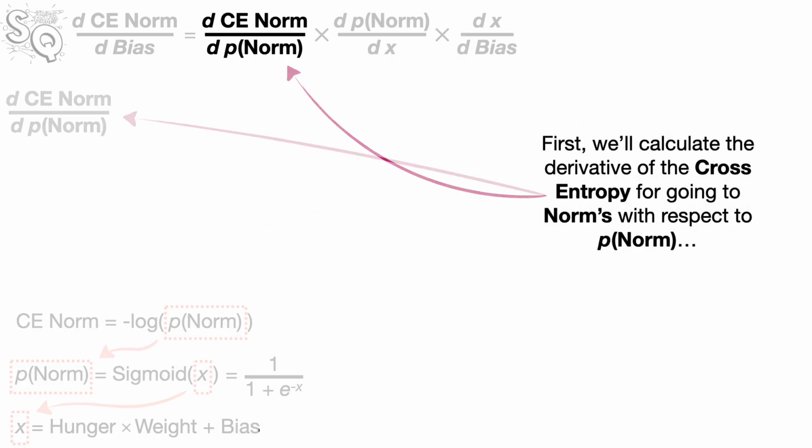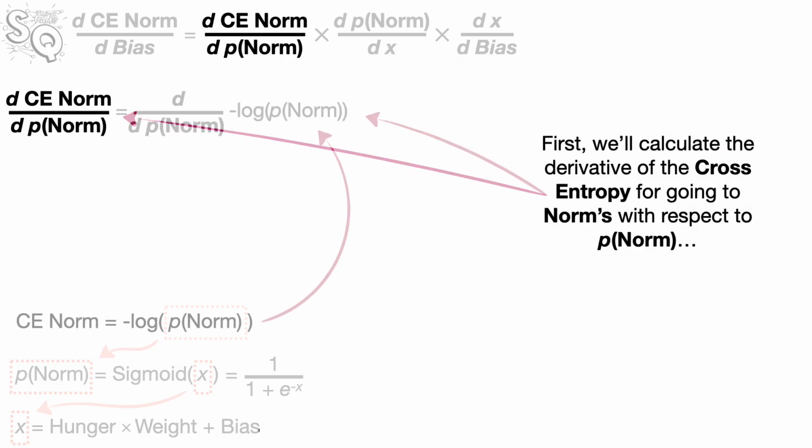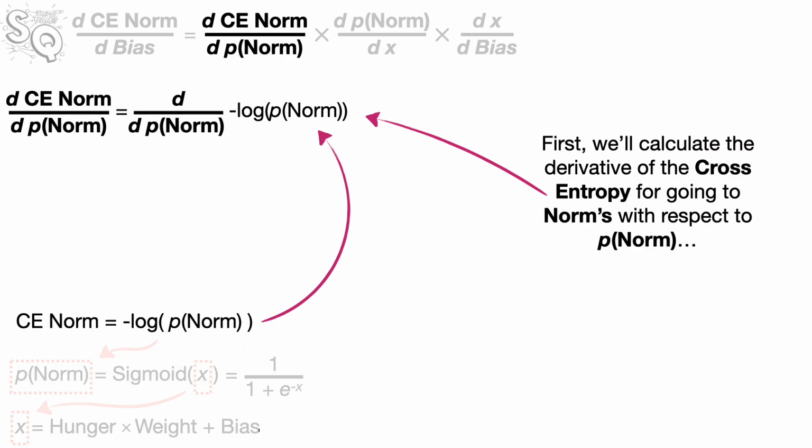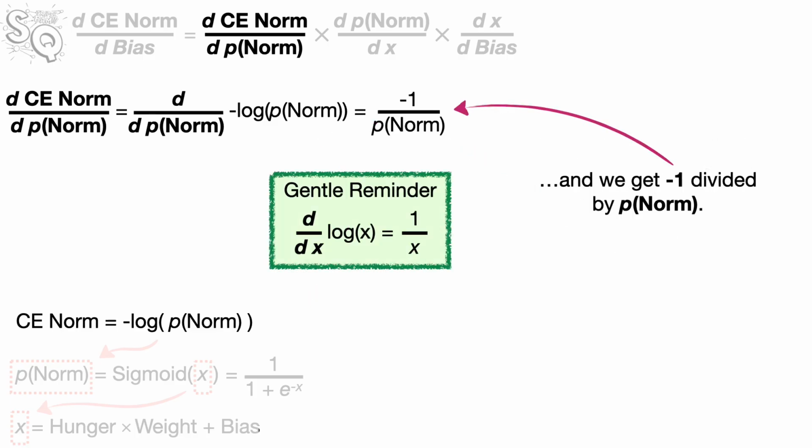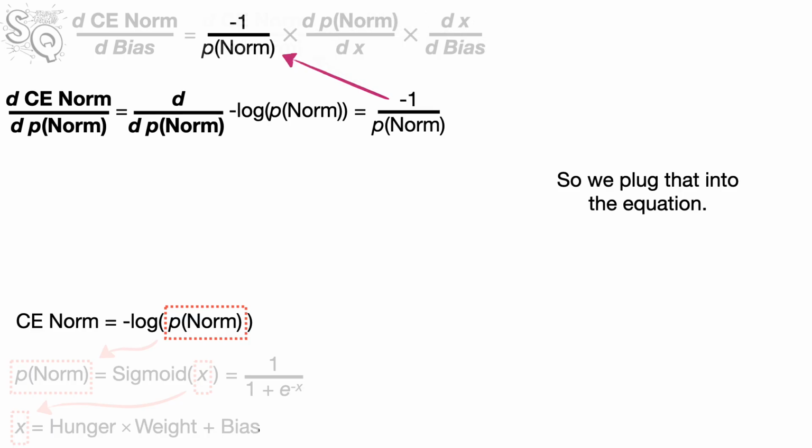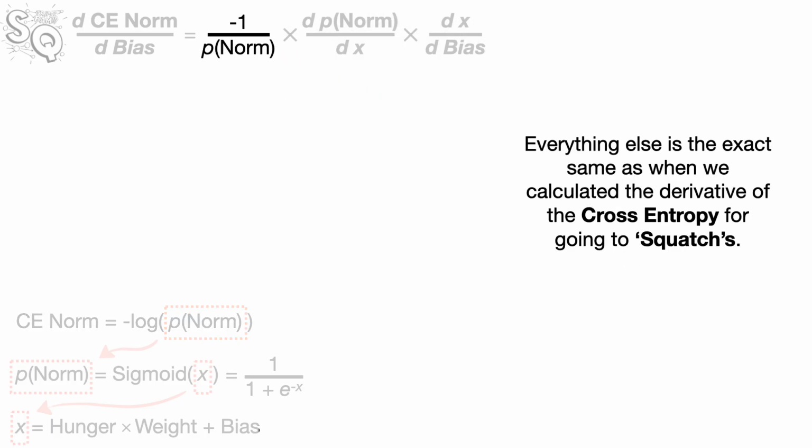First, we'll calculate the derivative of the cross entropy for going to Norm's with respect to p norm. And we get -1 divided by p norm. So we plug that into the equation. Bam! Everything else is the exact same as when we calculated the derivative of the cross entropy for going to Squatch's.